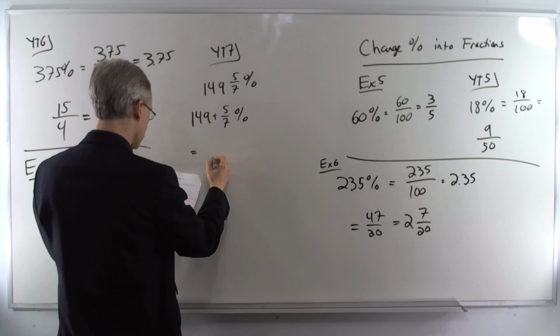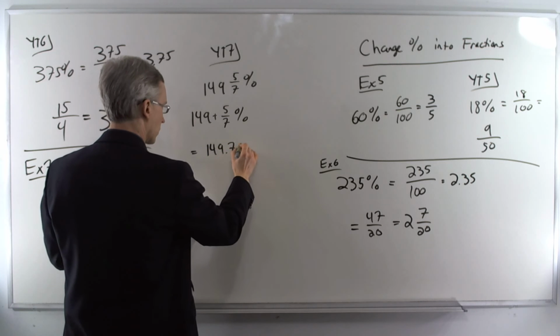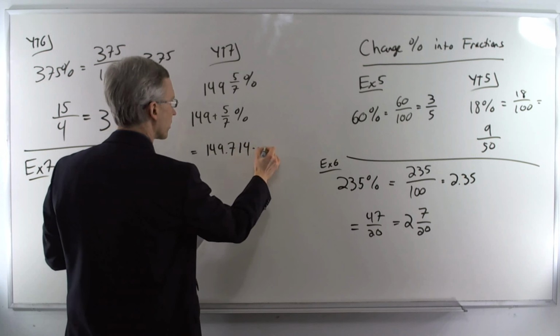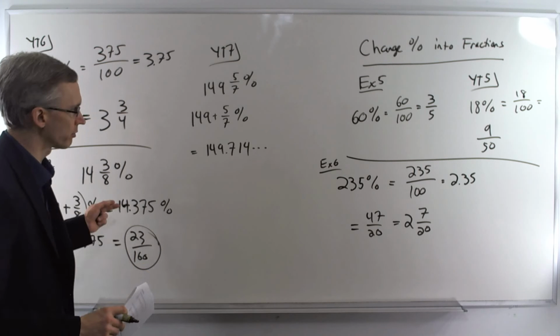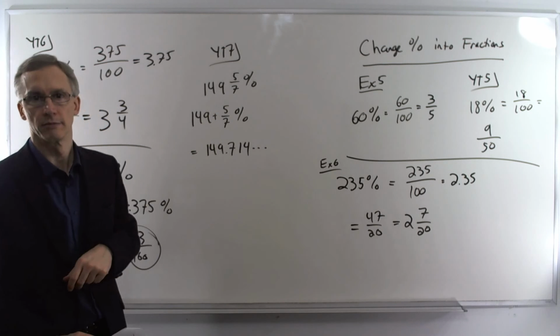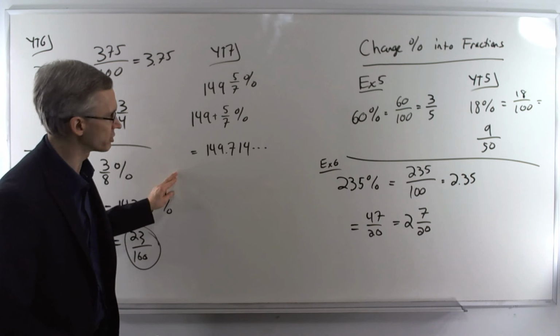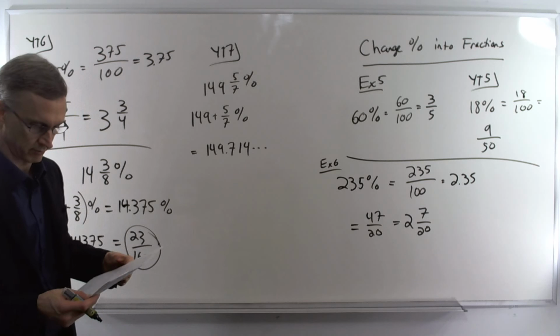That's going to give us a decimal. Now there are a lot of numbers here. 149.714, this 5/7, that's one of those infinite decimals, goes on forever. So in your calculator, just keep all those numbers.